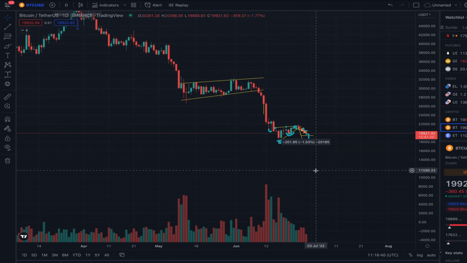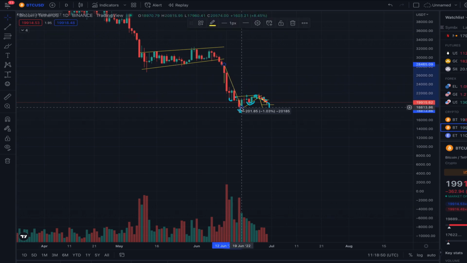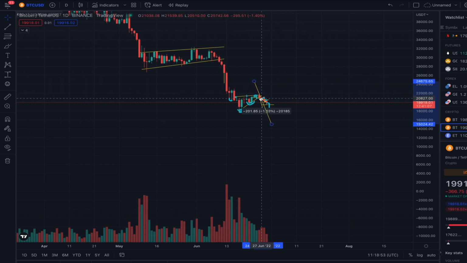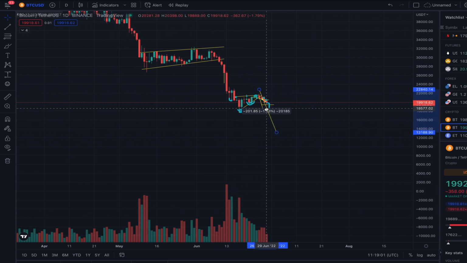So on the daily, we can take the measurement from here, which will be the top of our pole. We take the price target from the top of the pole to the lowest part of the pennant, and to where the price broke the pennant.